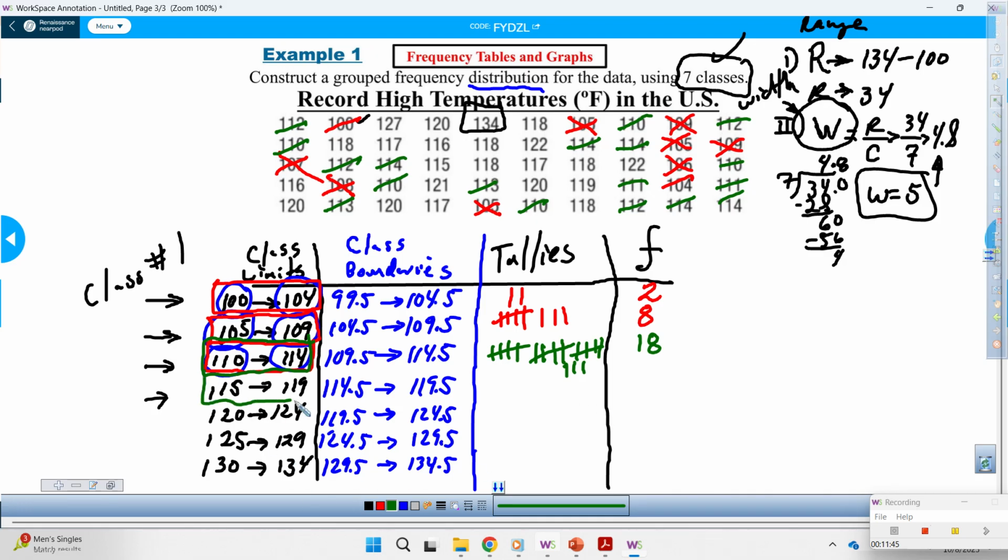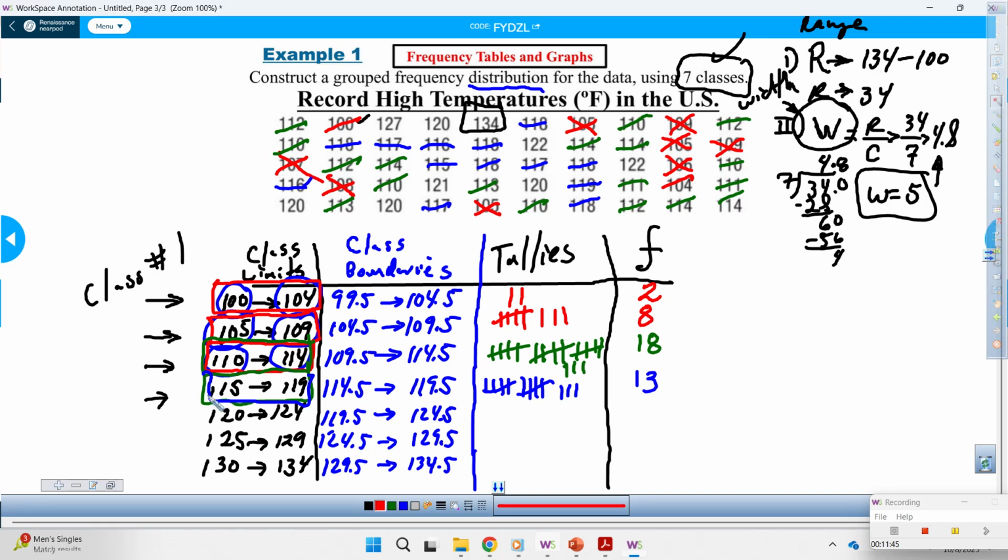Next one, 115 to 119. I'm going to change colors to blue on that one. Let's see, 1, 2, 3, 4, 5, 6 so far. 7, 8, 9, 10, 11, 12, 13. 13.